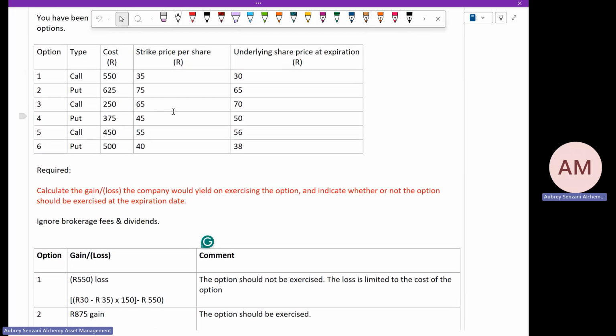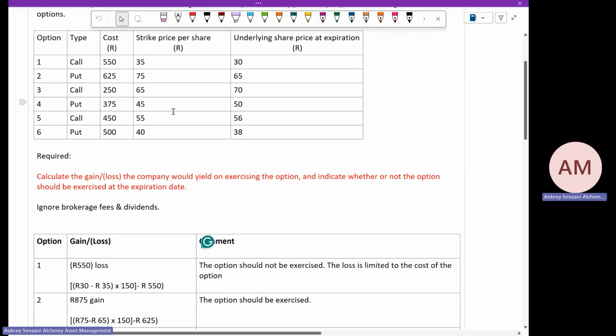So we have another call option. This time it's costing us 250, and we see that the strike price per share is 65 and the underlying is 70. Just from looking at that, are we going to execute or not?